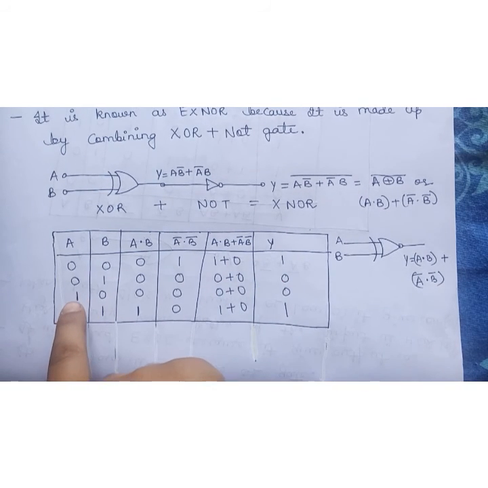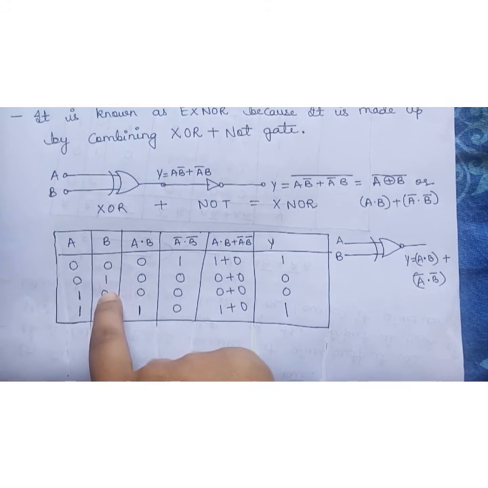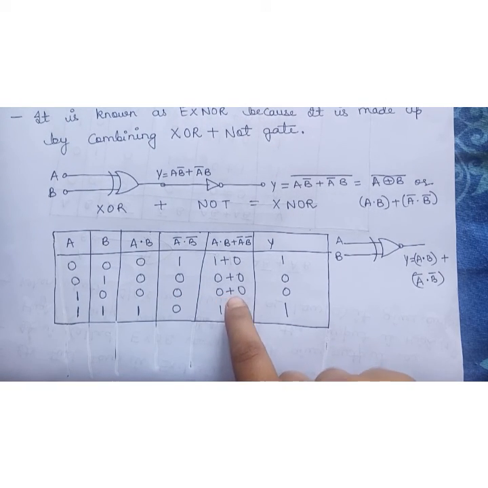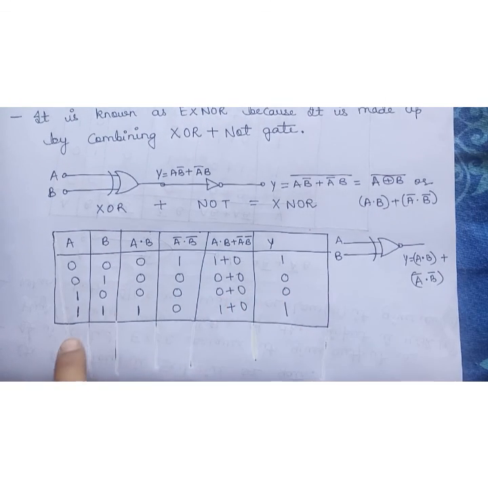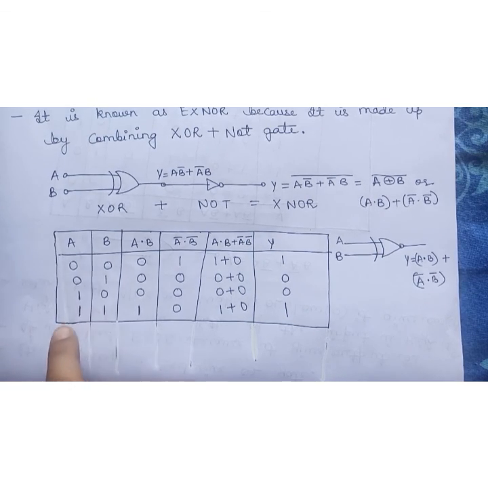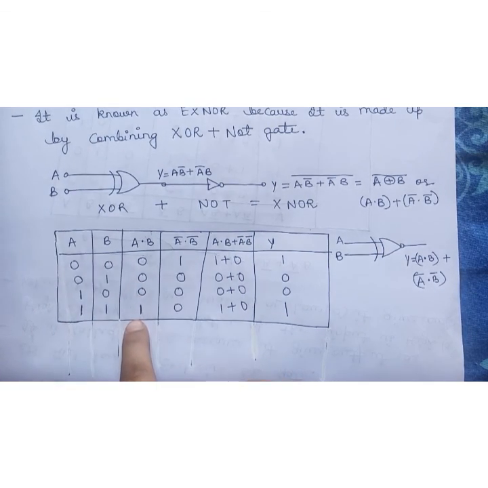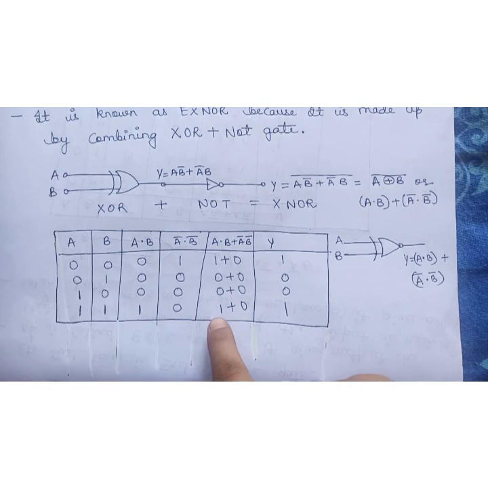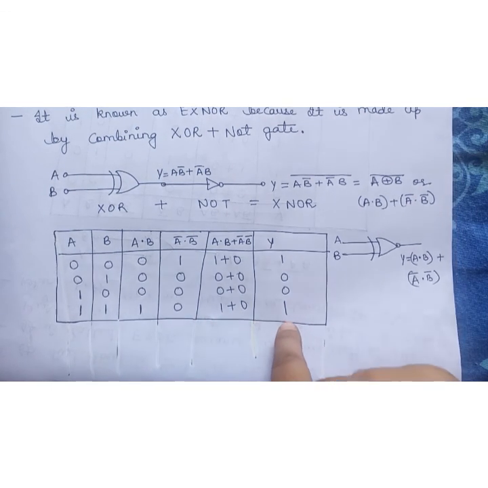Next, if we take inputs as 1 and 0, then A into B will be 0 and A bar into B bar will be 0, so the output will be 0 + 0, which is 0. Next, if we take the inputs as 1 and 1, then A into B will be 1, A bar into B bar will be 0, so the output will be 1 + 0, that is 1.